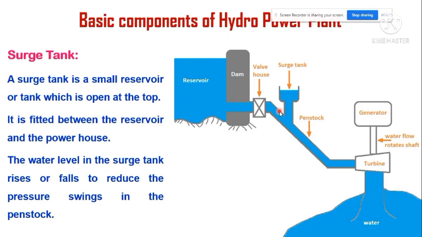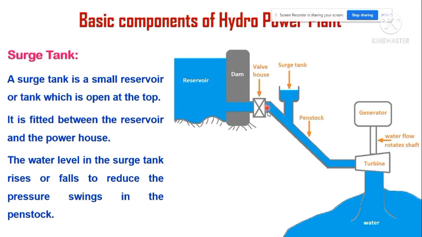The water level in the surge tank rises or falls to reduce the power swings in the penstock. Actually, when there is a sudden reduction in the load on the turbine, the governor will close the gates of the turbine. Governor is a mechanism which will control all the operations. So it will close the gates of the turbine to reduce the water flow.